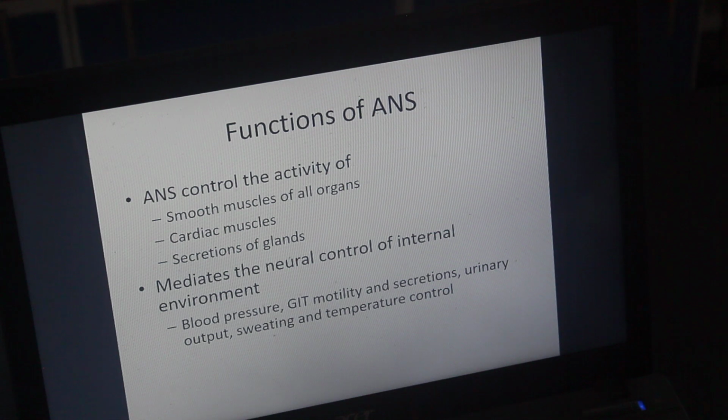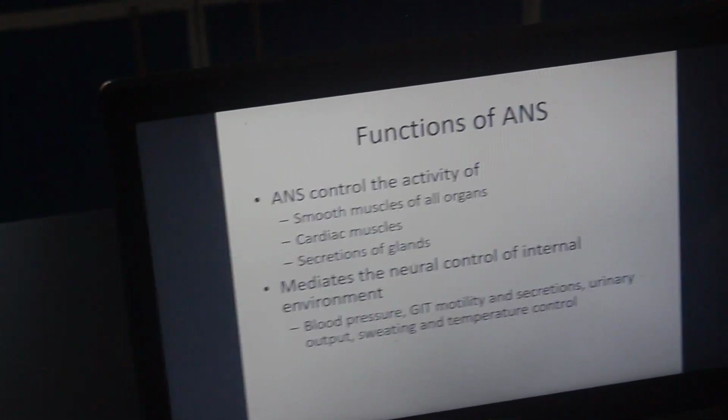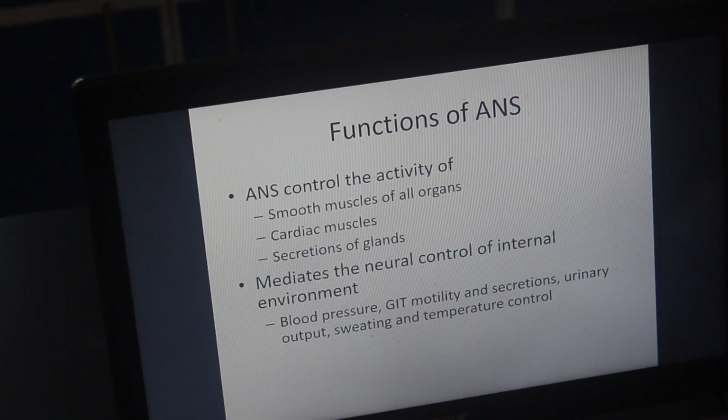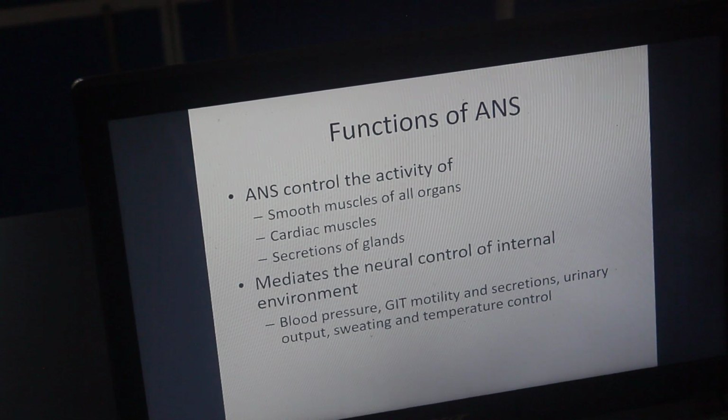Now, how do these actions get mediated? The mediation is usually out of the secretion of neurotransmitters. But in reality, these neurotransmitters help to mediate the neural control of the internal environment. And when we are talking about the control of the internal environment, we know that within the body there is need to keep the blood sugar level constant.